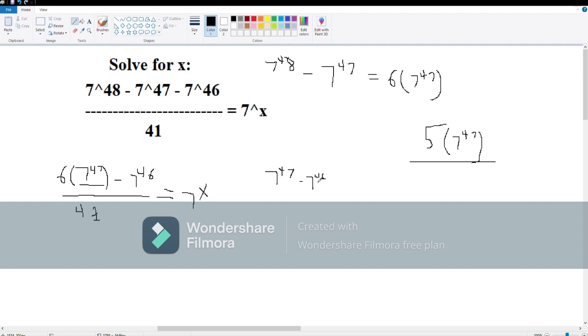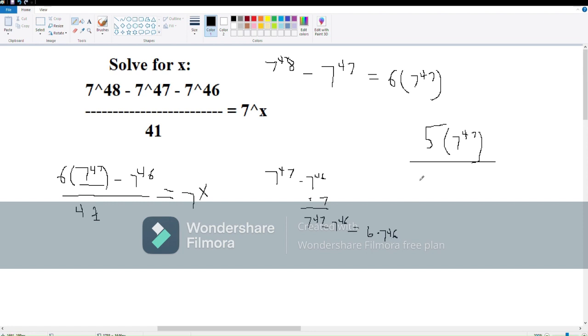This will help us solve for how we can express this. So we know if we multiply this by 7, this will just get us 7 to the 47th power. So if we just subtract 1, 7 to the 46th, using the logic we used in the previous example, this would be 6 times 7 to the 46th power.